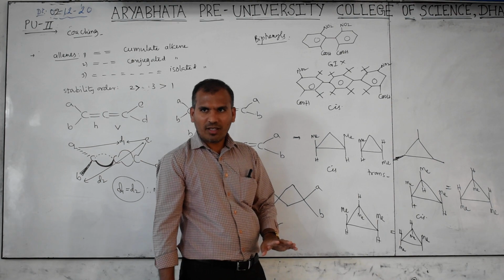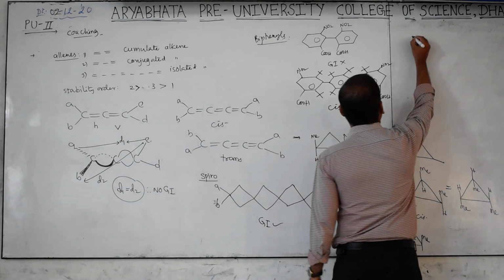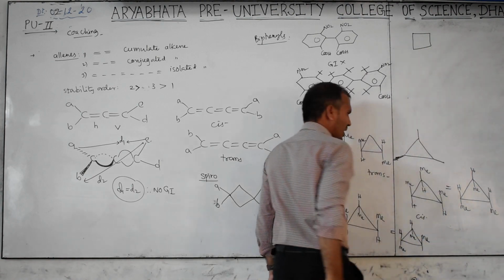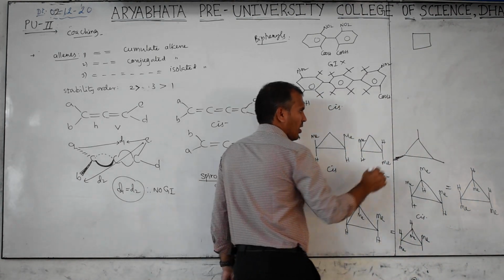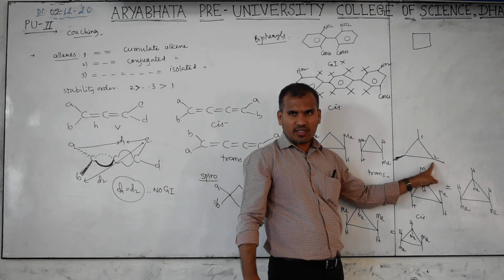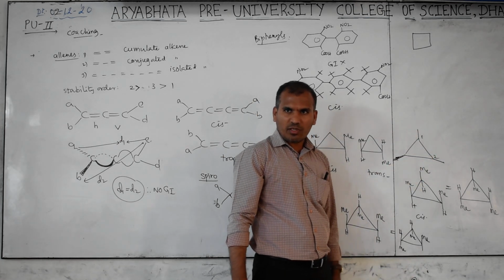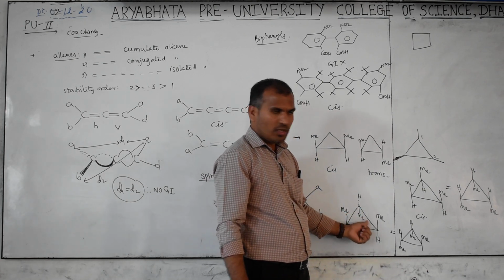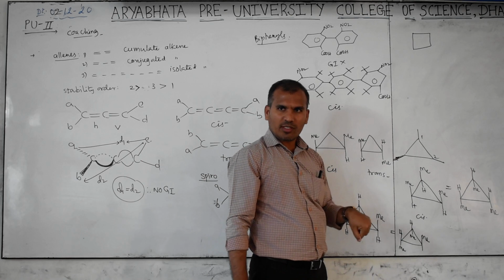Got the concept? Now, why is it like this possible? Okay. See, 1-2 relation is there. 1-2 relation cis, 1-2 relation trans also possible. 1-2 relation trans, I wrote, this is trans. 1-2 cis, 1-2 trans possible.